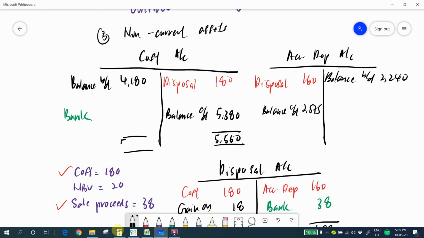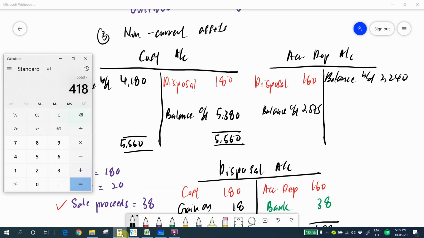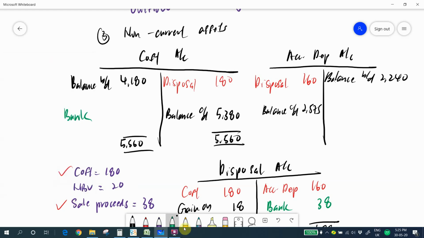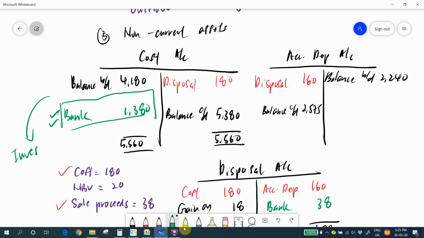So your debit must be 5560 as well. So you use 5560 minus 4180, so you get 1380. So this 1380 refers to your purchase of the non-current asset during the year. So this amount we are required to show in our cash flow statement under investing activity.